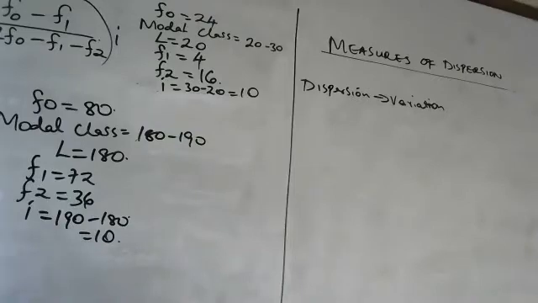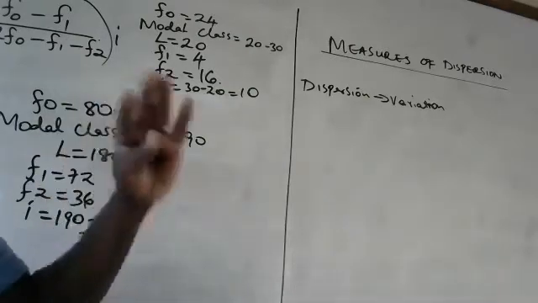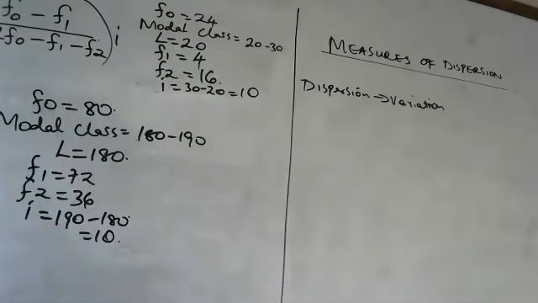Remember, we started by saying that a measure of central tendency, that is either a mean, mode, or median, is that one single value that is a representative of the entire set of data. That one single value that is a representative of the entire data is what we call a measure of central tendency.